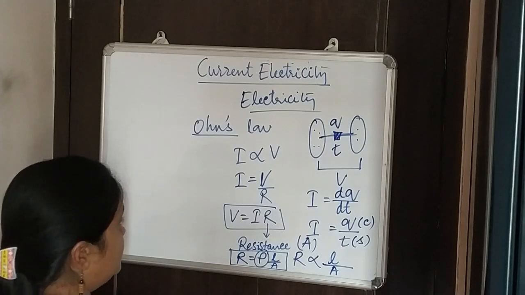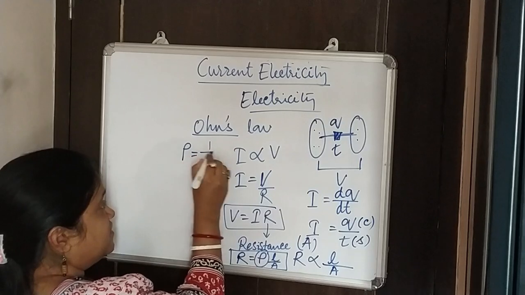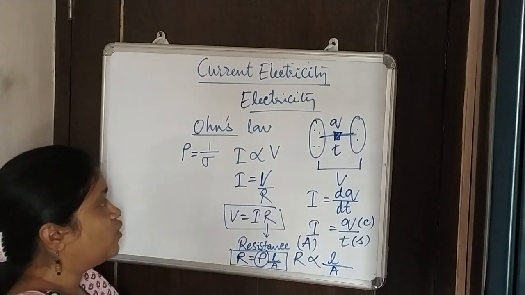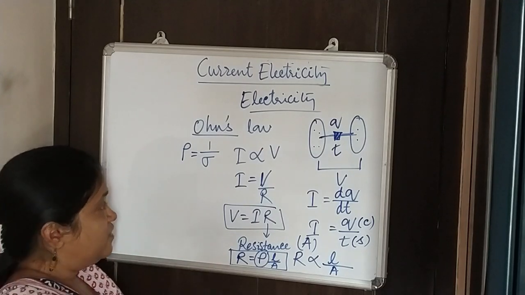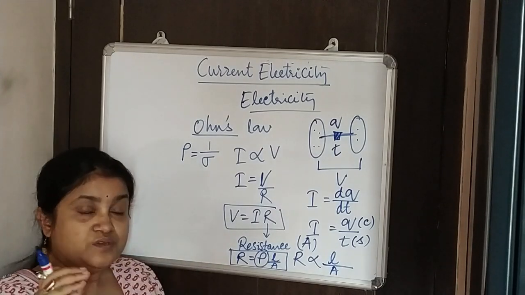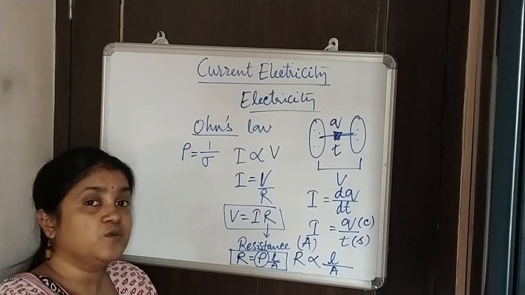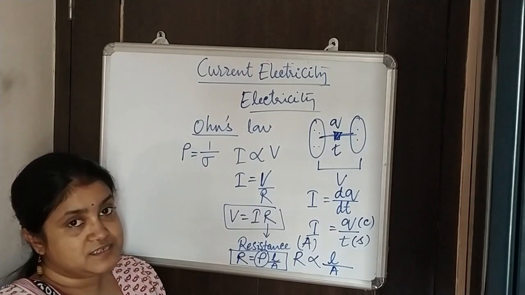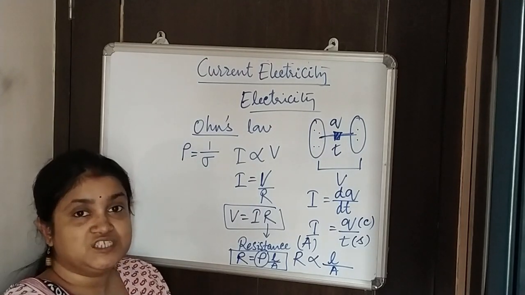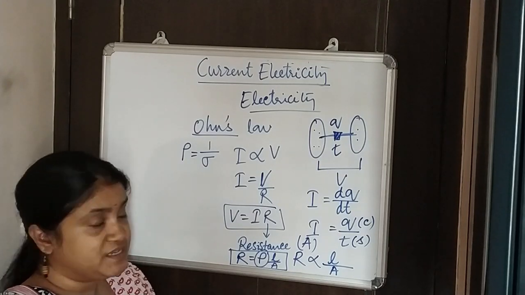Now resistivity rho is inversely proportional to the conductivity sigma, where rho tells us the amount of resistance to flow of current. The sigma tells us how much current can flow, or the conductance of that material.